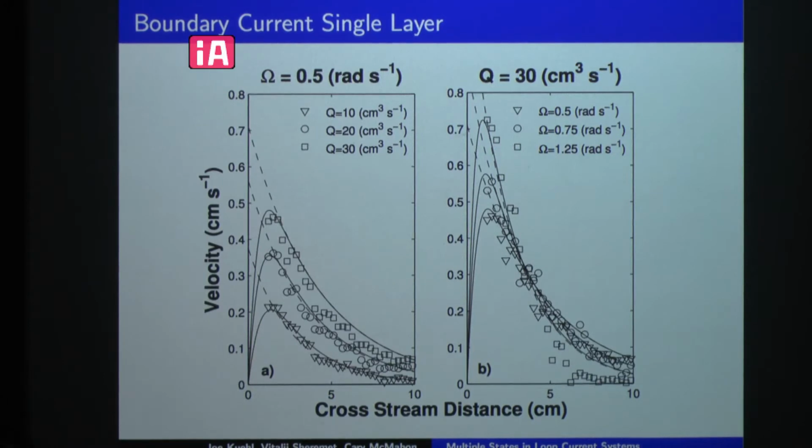So if you go back into your GFD text, you'll find a Munk boundary layer, inertial boundary layer, and the other one's Stommel, I think. And these three different competing mechanisms form a generic quasi-geostrophic boundary current. And so at the end of the day, this is for a particular rotation rate of our table. This is the cross stream distance, so basically away from our boundary, and this is the velocity.